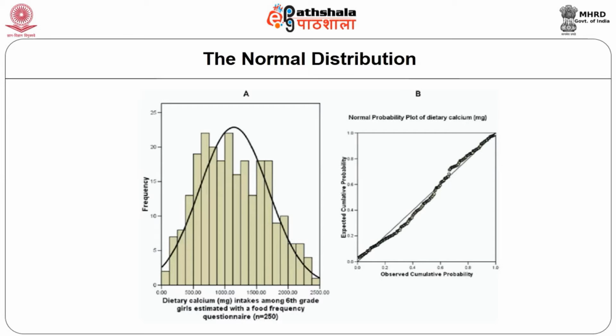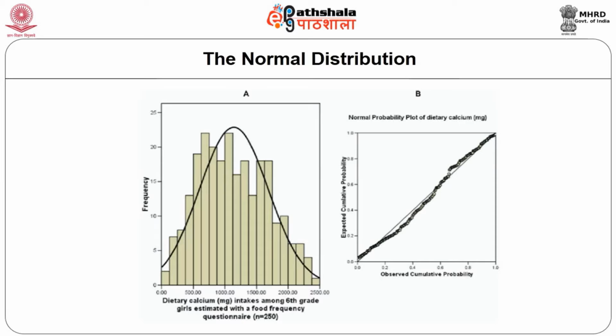Take the dietary calcium intake among 6th grade girls, estimated with a food frequency questionnaire of 250 girls. They just drew a histogram and superimposed it with a normal curve. It appears that the data is closely following the normal distribution, but not exactly, which is reflected in what we call the normal probability curve.